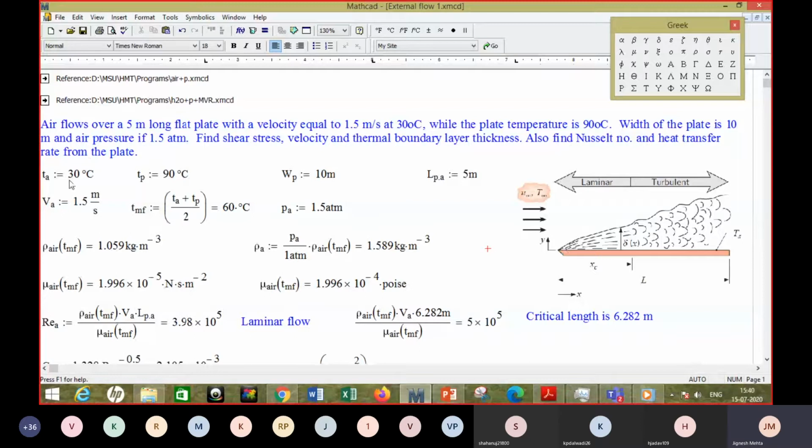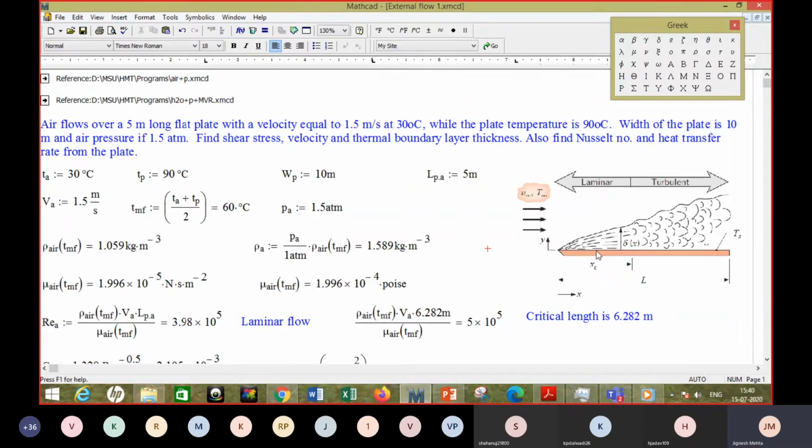You can see I have written it as T A. Now when the air temperature is 30 degrees Celsius, the plate surface temperature is 90 degrees Celsius. This should also be shown in the schematic diagram that you draw.